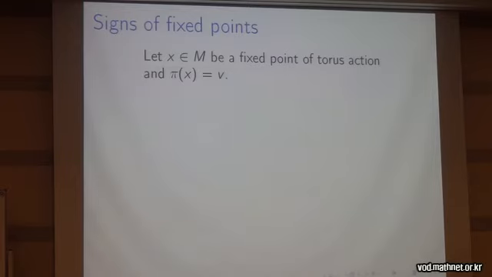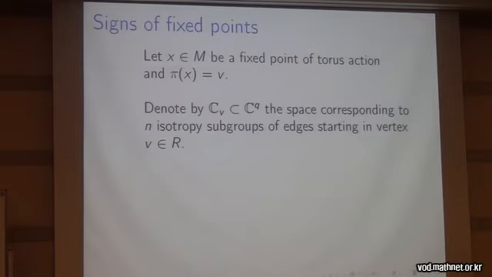Let x be a fixed point of the torus action, and the projection of x is a vertex V. Then we may denote by C_V the space corresponding to the n isotropy subgroups of edges starting in vertex V. And it's worth noting that C_V is indeed of dimension n, that is, edges meeting in vertex V are indeed linearly independent. The representations are different.